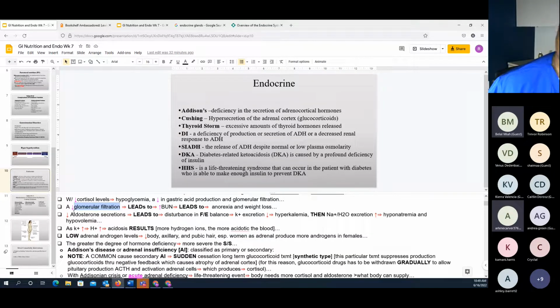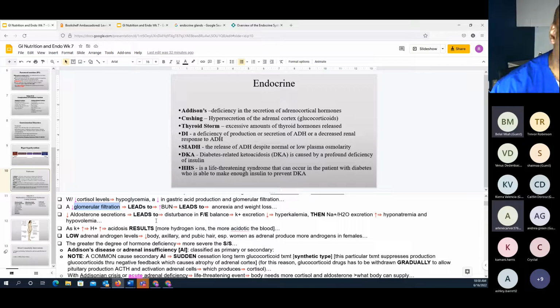Here it talks about decreased aldosterone secretion. Remember we talked about the function of aldosterone. So what this leads to is the fact that the kidneys are not going to be able to absorb sodium and water. So sodium and water is excreted instead, and these patients hold on to potassium.